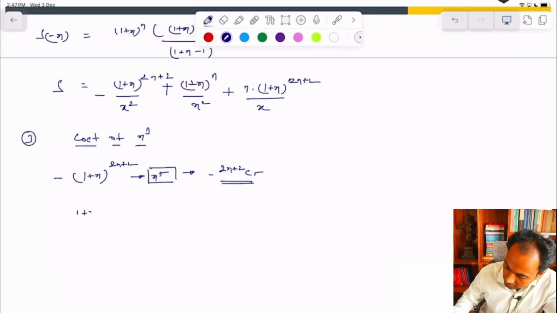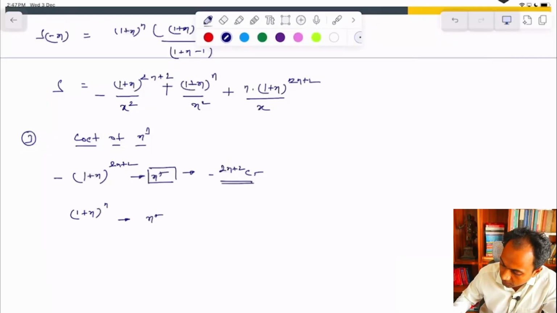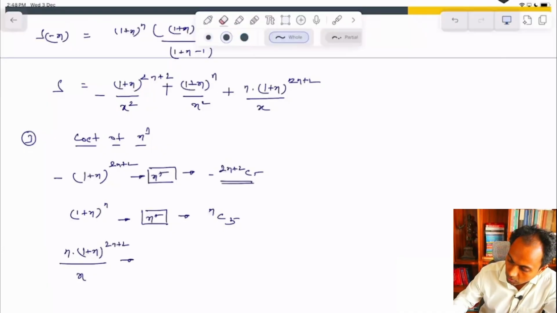From the next term, that is 1 plus x raised to the power n by x square, what we want is the coefficient of x cube. So from the whole part and the numerator part, I will again want the coefficient of x raised to the power 5. That would be nC5. And then ultimately the last term, that is n into 1 plus x raised to the power 2n plus 2 by x. So from the whole I want x cube.